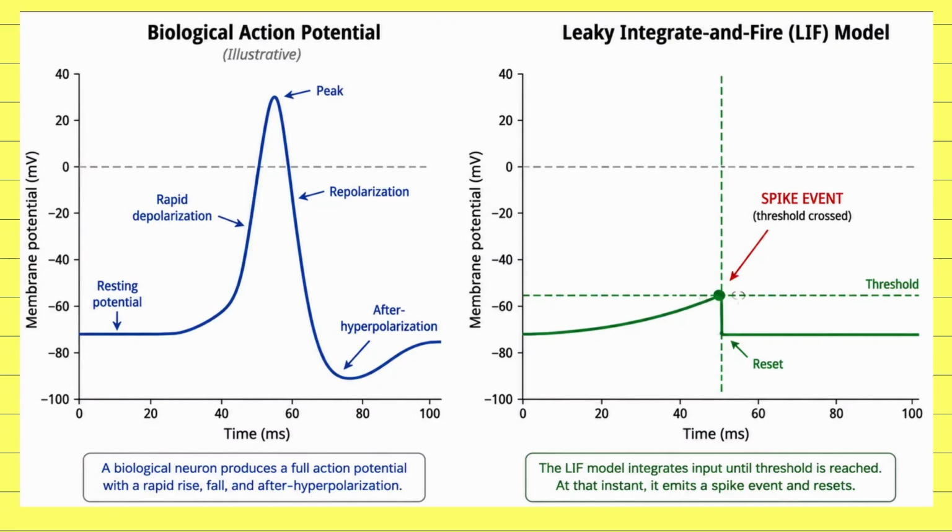So why doesn't the Leaky Integrate-and-Fire model reproduce the detailed shape of the action potential? Because the model is deliberately throwing away that detail. Look at this biological action potential. It's just an illustrative one. It doesn't copy everything. It's a very simplified version. We have resting potential. We have rapid depolarization, repolarization, after-hyperpolarization. But if you look at the Leaky Integrate-and-Fire model, it doesn't have any of those.